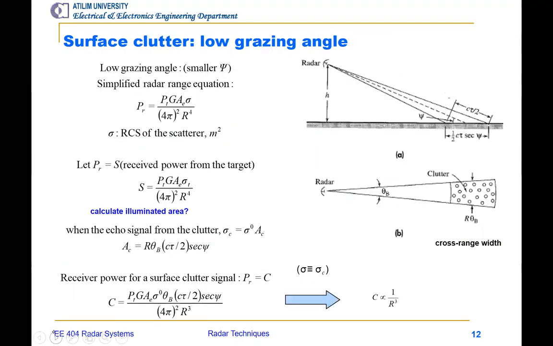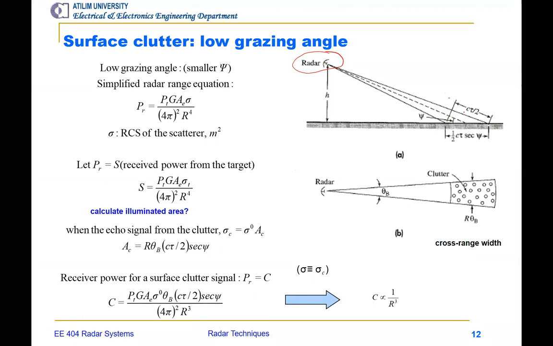Okay, let's see surface clutter. Here we have a radar on an air platform, which illuminates the ground, and the pulse width is tau.